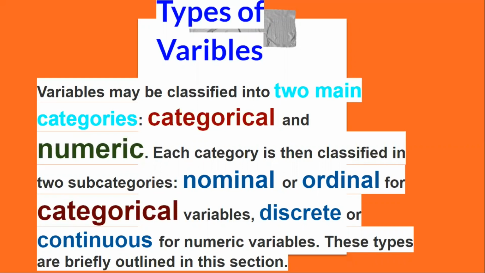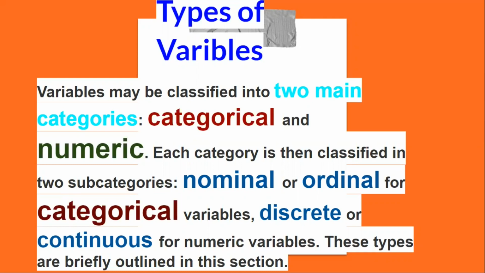In statistics, we classify variables into two main categories: categorical variables and numeric variables. Each category is then classified into two subcategories.